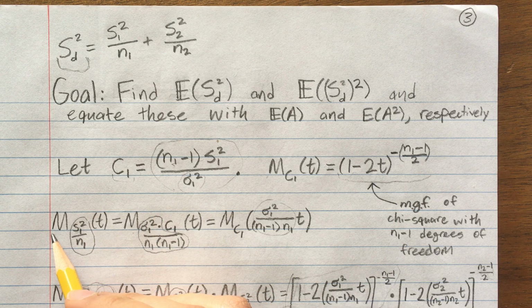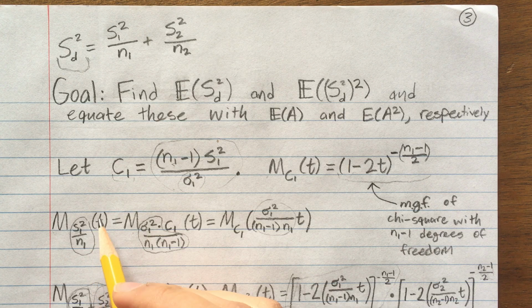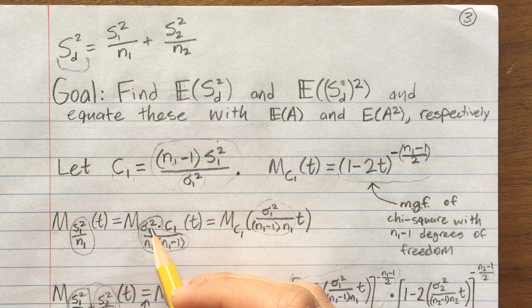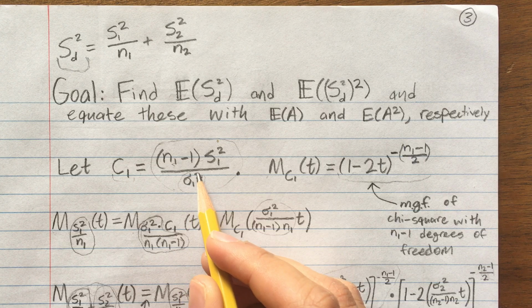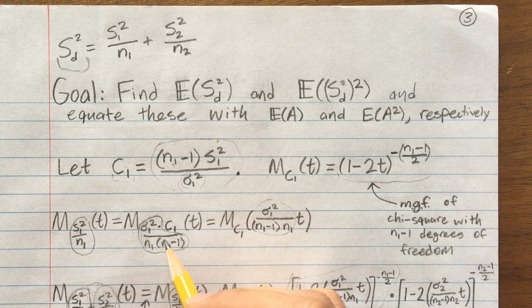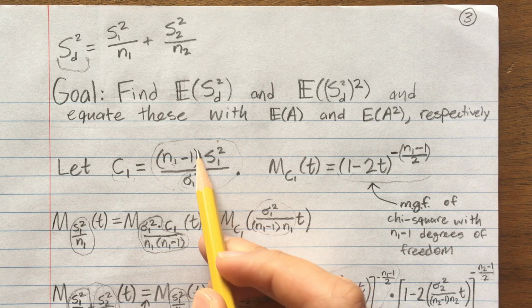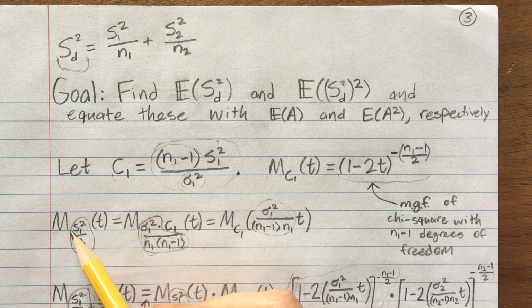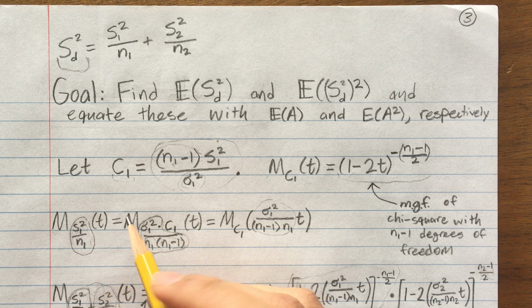Now, S1 squared, the sample 1 variance, divided by n1 is just this constant times C1, because the sigma 1 squared cancels with the sigma 1 squared in the denominator, the n1 minus 1 cancels with the n1 minus 1 over here, and you divide by n1, and that gives us the sample variance divided by n1.